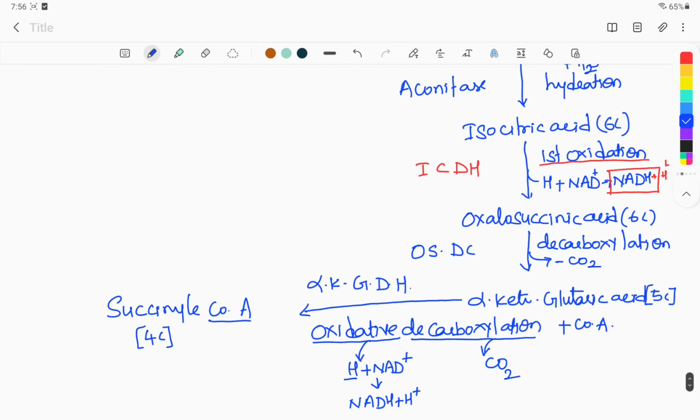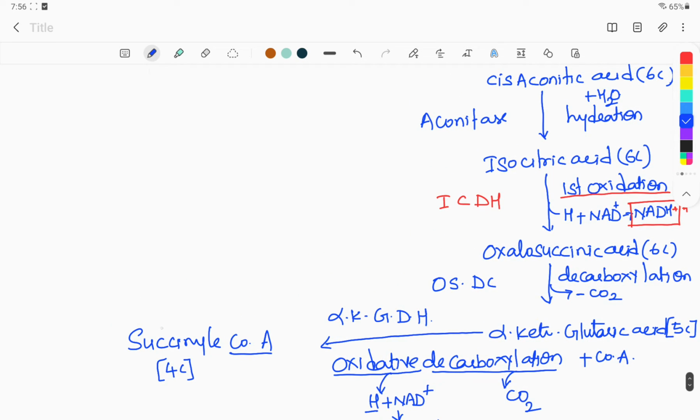Now this succinyl CoA undergoes splitting, with the enzyme thiokinase. Succinyl CoA will form three compounds. That is the magic, remember here. What are the three compounds? First, CoA is liberated.